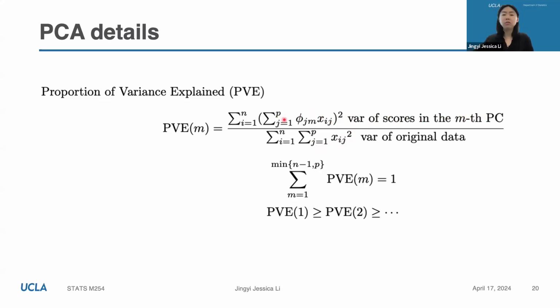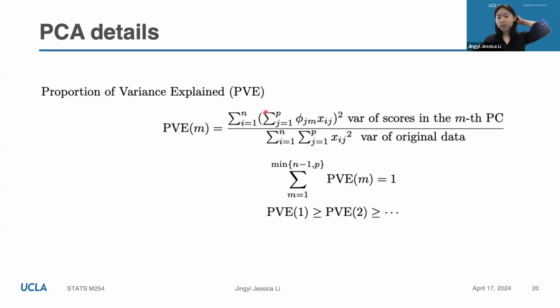So m could be 1, could be 2, could be up to the total number of PCs. So then we have this linear combination as the scores in our mth PC, right? This is just the PC score of our observation i in the mth PC. And then we take the square for each observation, sum over observations i from 1 to n.